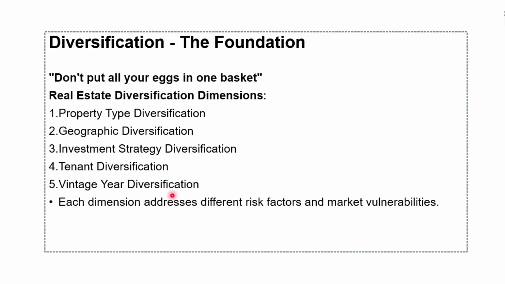And then you have vintage year diversification also. So there are different ways in which you can look at diversification. It's not just a single way to look at it.